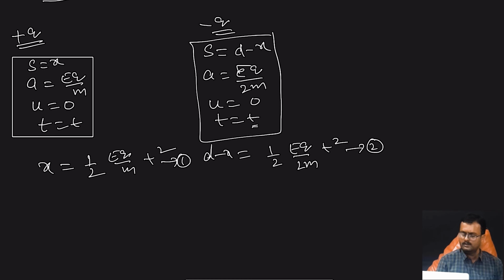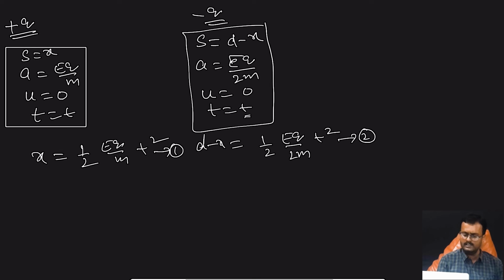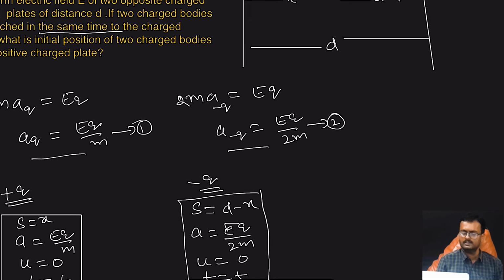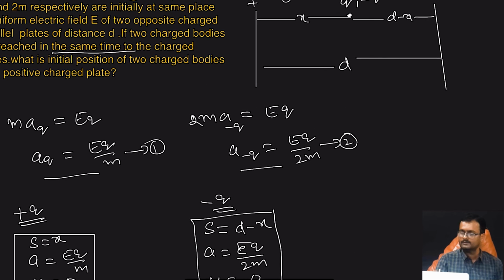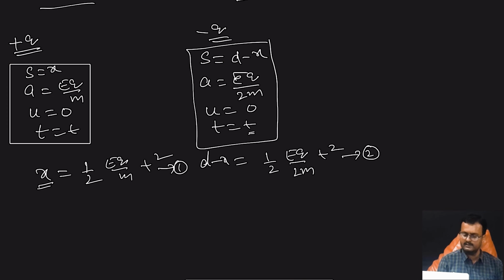Look here. What is the question now? What is x? The question is, at which distance from the positive plate? So x is the unknown. Observe these two equations. x is a variable and time is a variable. We want to eliminate time with the help of both equations. So t squared is eliminated by dividing equation 1 by 2.